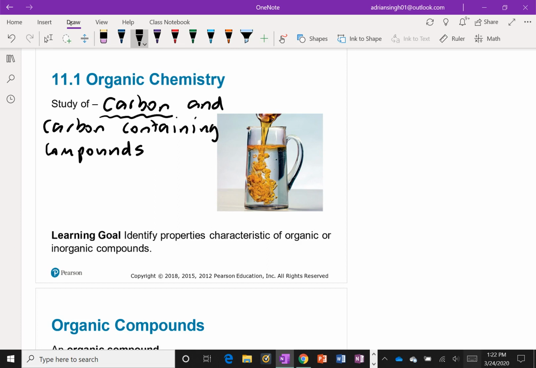This is really going to be the central theme of organic chemistry. We're going to look at carbon and how we find it in these different types of compounds, and some of the properties, both physical and chemical, of our organic compounds.